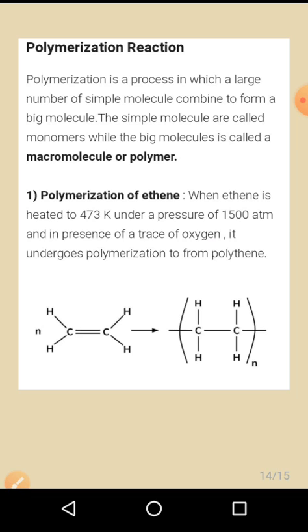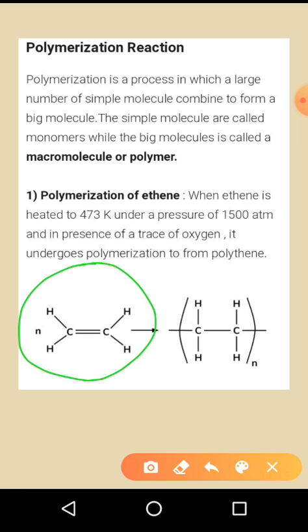So polymerization of ethene: when ethene is heated to 473 Kelvin under a pressure of 1500 atmosphere and in presence of a trace of oxygen, it undergoes polymerization to form polythene. So here this one is an ethene molecule, CH2 double bond CH2.